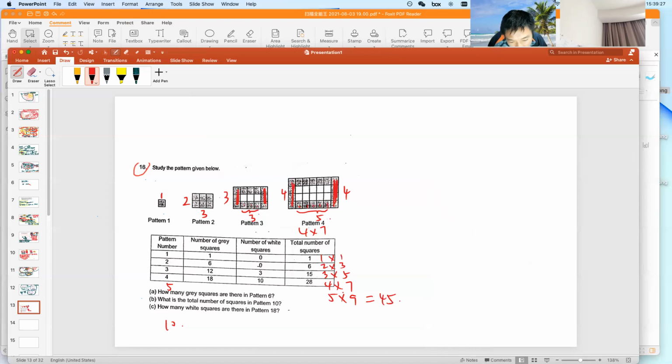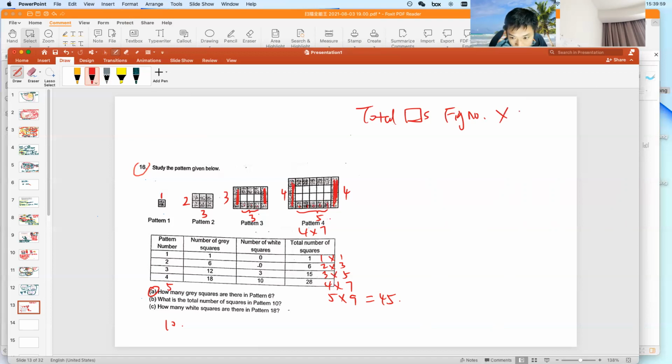So what this question wants you to do is, let's look at this. Okay, so the number one is very simple. So let's go for B first. So the pattern is, for total squares, the figure number times the first odd number.